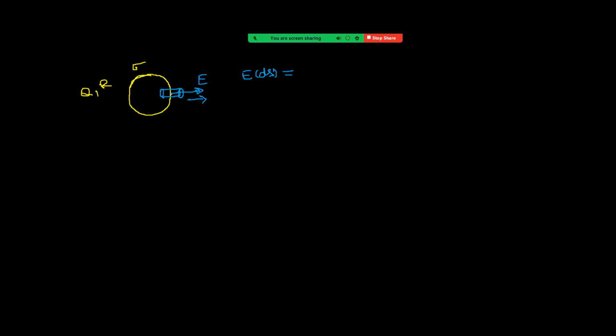That is equal to the charge enclosed by this cylinder, that is sigma into ds, upon epsilon naught. ds gets cancelled. This is now E equal to sigma by epsilon naught.